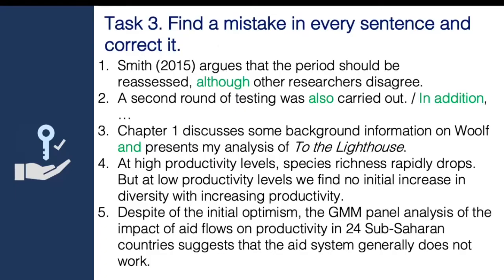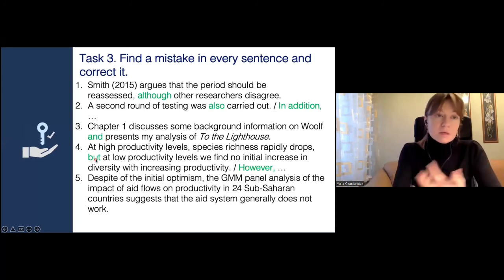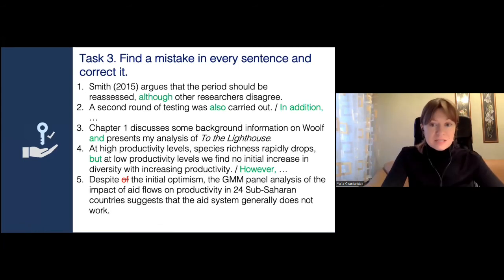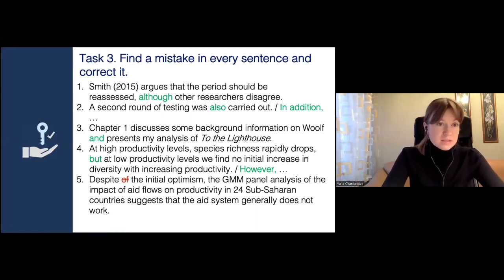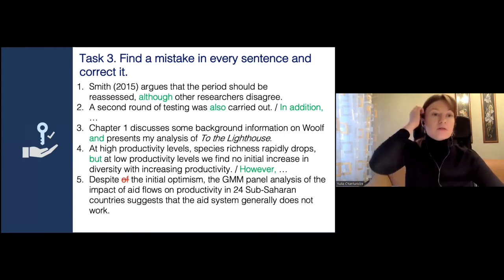However, at low productivity. Because it's no good idea to start with but. And I also have this version, you're right, or we can keep but, again we just link 2 sentences together into one. And the 5th, the sentence is a bit too long. Yeah, either in spite of, or we can just cross off and keep despite, as it is a more frequent linking device than in spite of in academic texts.